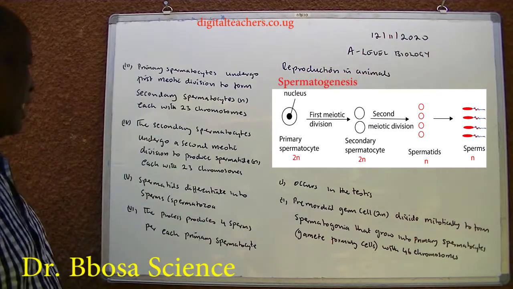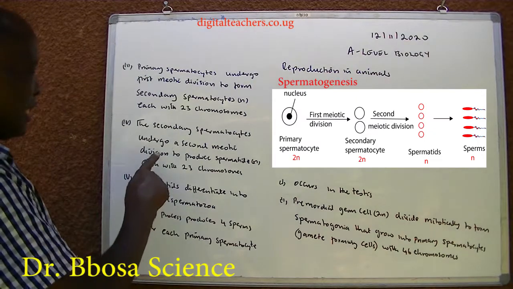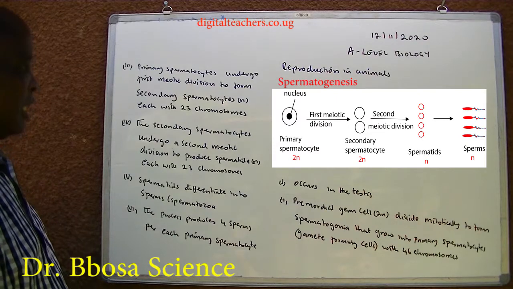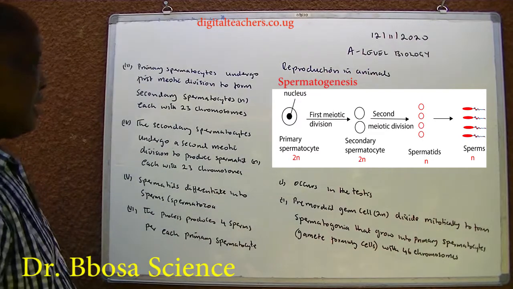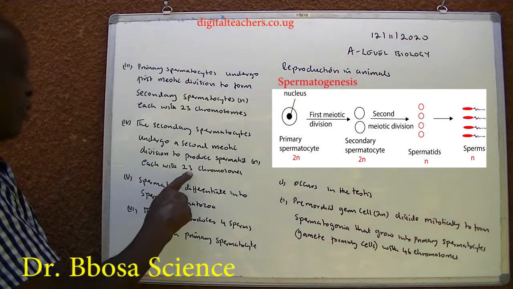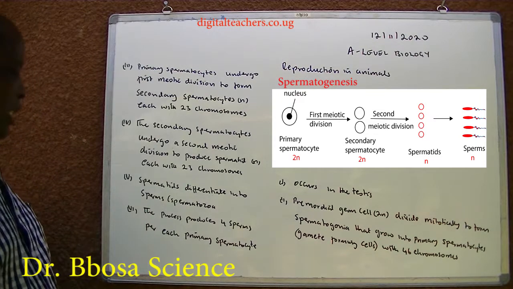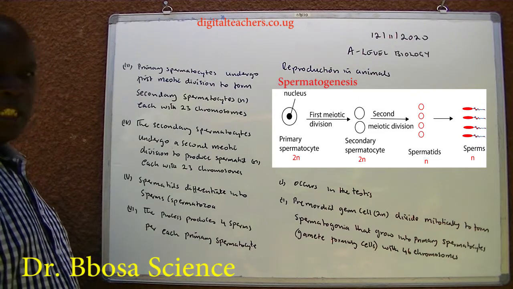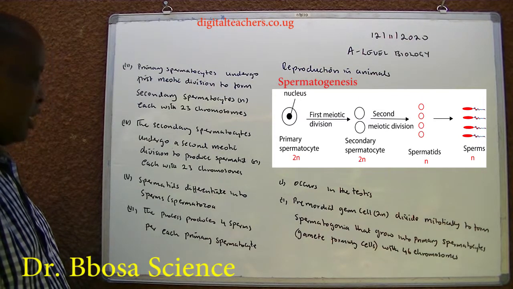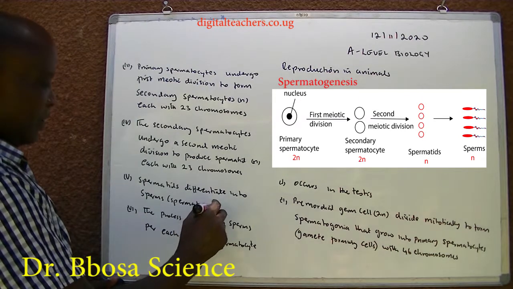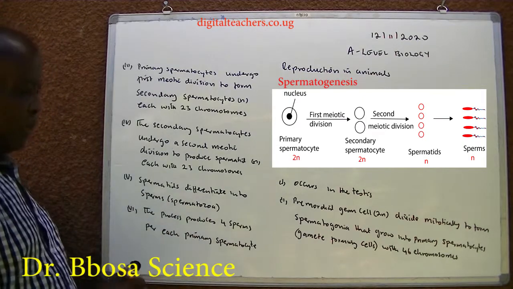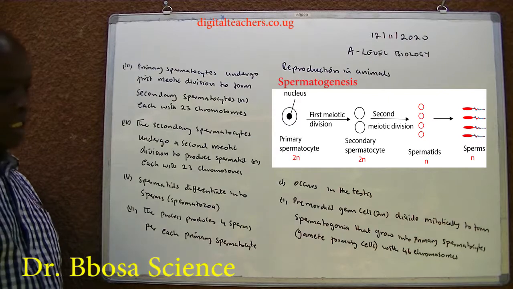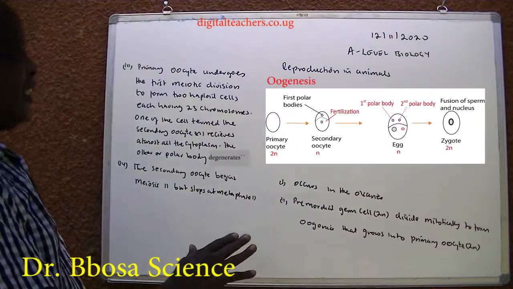Secondary spermatocytes undergo a second meiotic division to produce spermatids, each with 23 chromosomes. Spermatids differentiate into sperms or spermatozoa. The process produces 4 sperms per each primary spermatocyte.